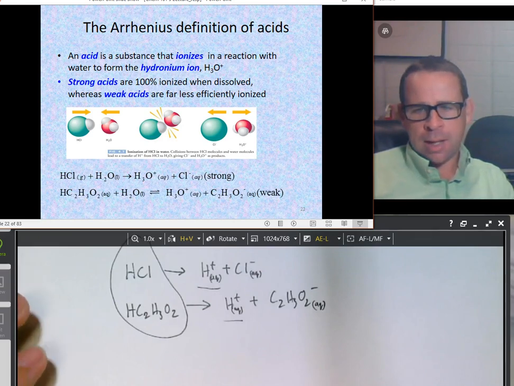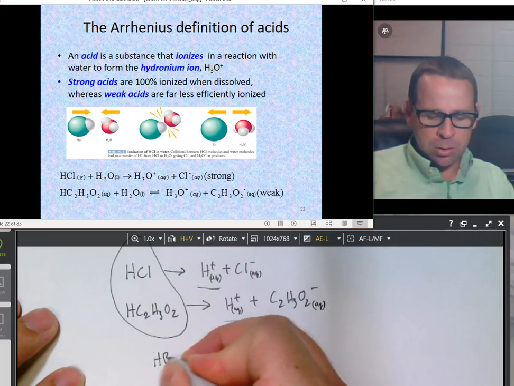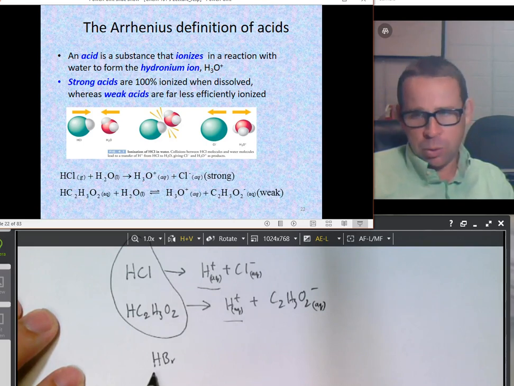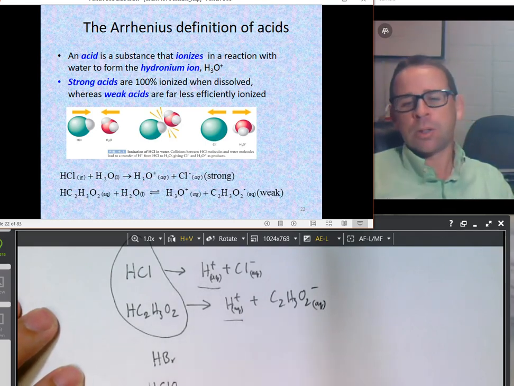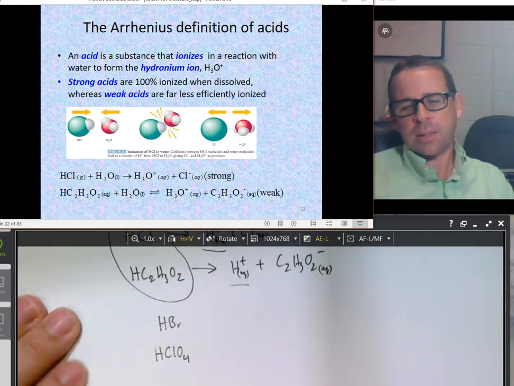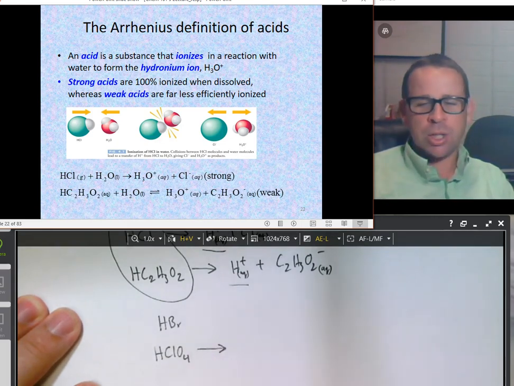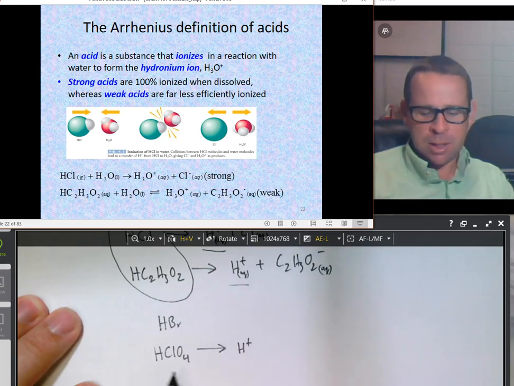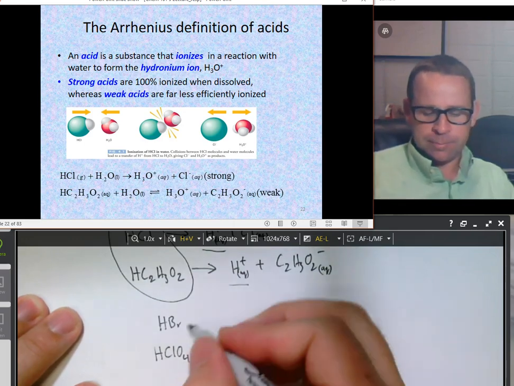So you can usually tell an acid because it begins with a hydrogen ion, like HBr, for example. This is an acid. They help us by usually starting the compound with a hydrogen ion. Okay, so here's another one, HClO4. All right, so that acid, HClO4, starts with a hydrogen ion. To write its dissociation, one of the ions is always H plus, and the other one is always whatever is left with a minus charge.